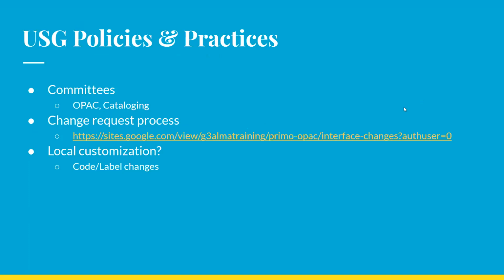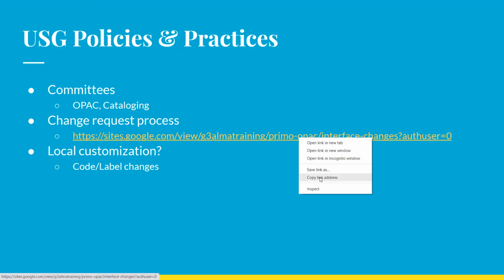These are just some policies and practices. We've got the OPAC committee, the cataloging committee. Occasionally the special collection committee also has a request. We have a change request process, which is linked below, which I'm sure Sean will copy and paste into the chat.